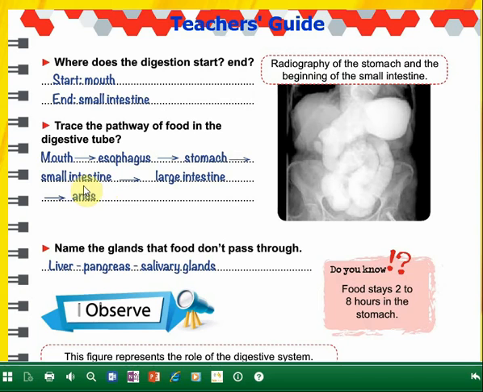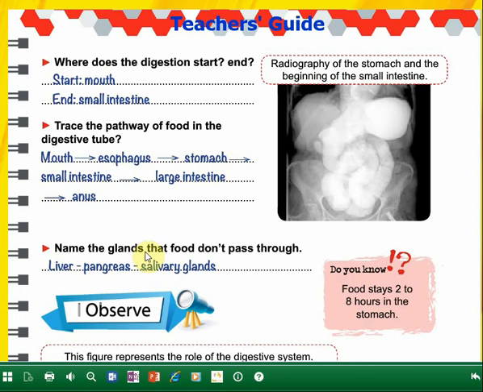Then it goes to the small intestine, then the large intestine. The undigested food will go to the large intestine as wastes and the anus, then outside the body. So we are going to say mouth, esophagus, stomach, small intestine, large intestine, and anus. This is the pathway of food in the digestive tube.